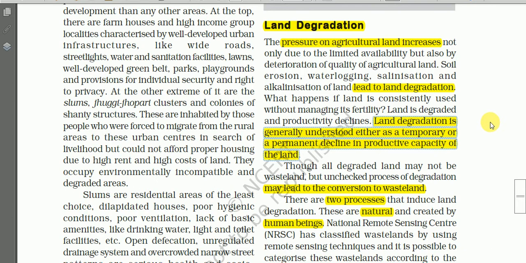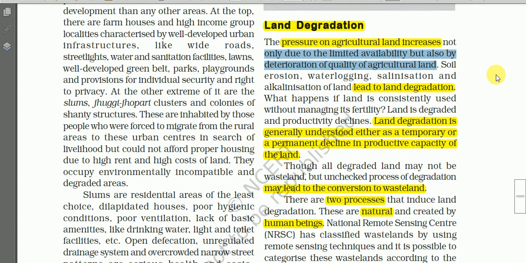Actually, this decline in productivity and degradation of land is directly related, as the definition tells. The pressure on agricultural land increases not only due to the limited availability of land, but also by deterioration of the quality of agricultural land.